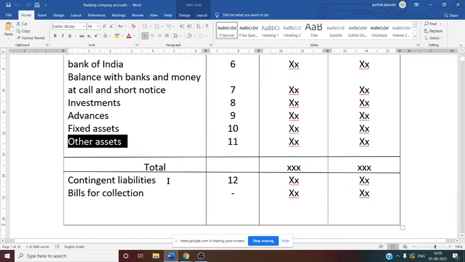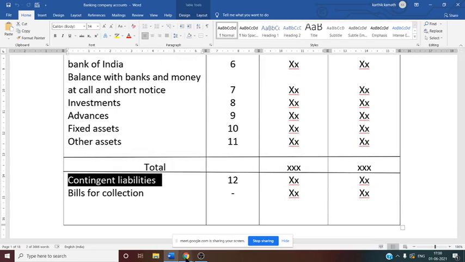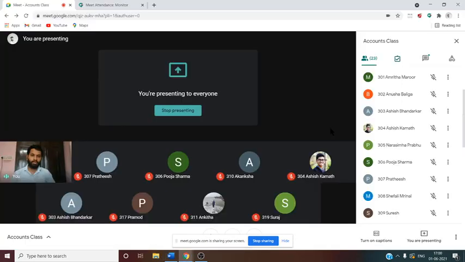Then we have to see the contingent liability. Now we have to understand here, contingent liability in the sense it is not an actual liability. It is not an actual liability, but it can become an actual liability, depending upon the happening or non-happening of a certain uncertain event we can say.